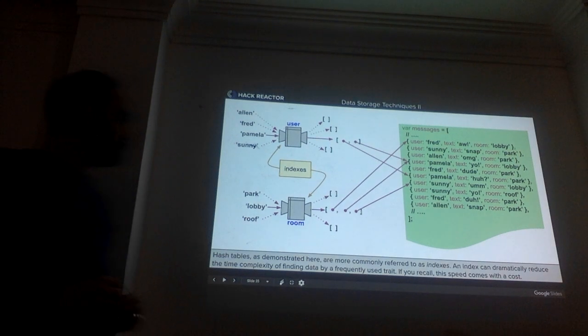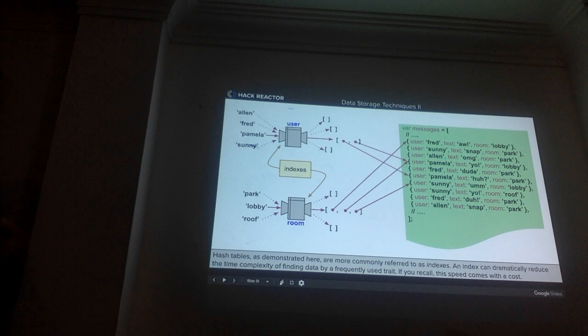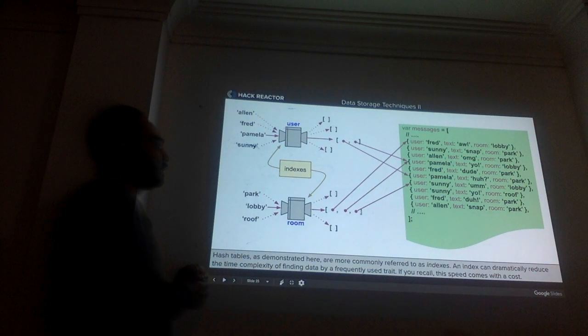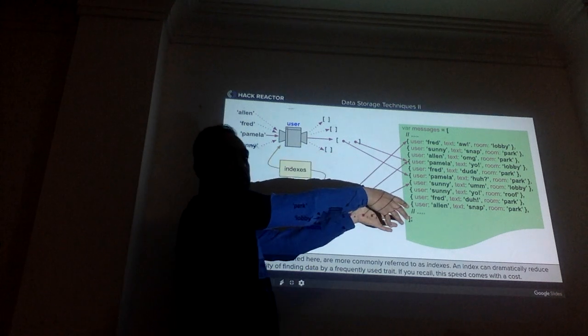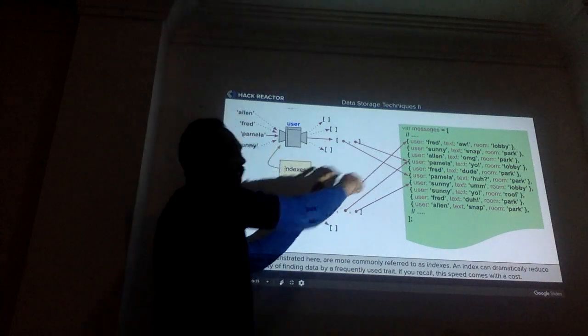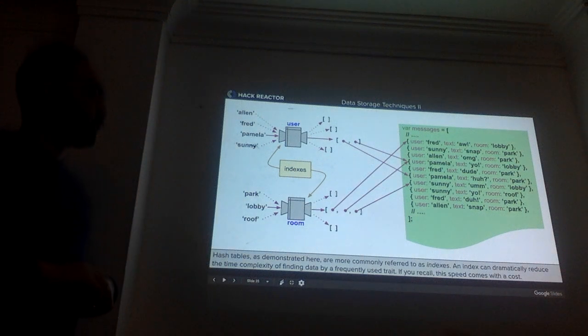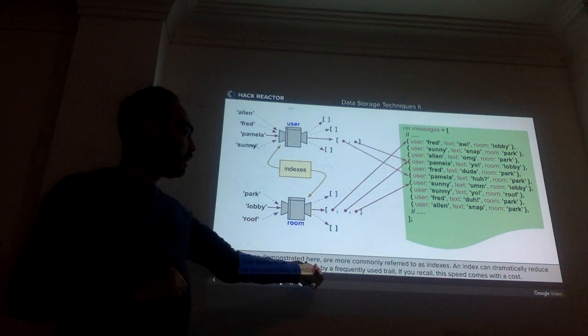Okay? Hash tables, as demonstrated here, are more commonly referred to as indices. So what we're doing here is this will give us indices to the original array. So this is the index of this array, and so on. An index can dramatically reduce the time complexity of finding data by frequently used traits.